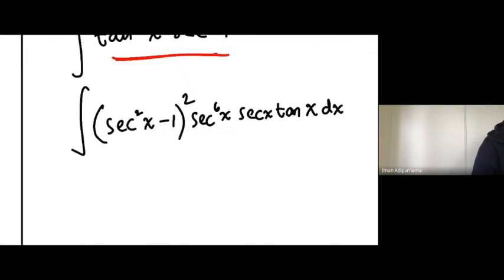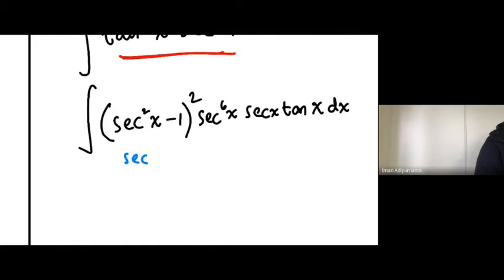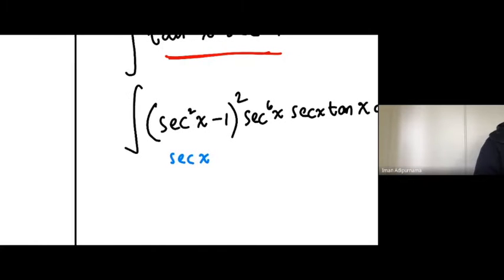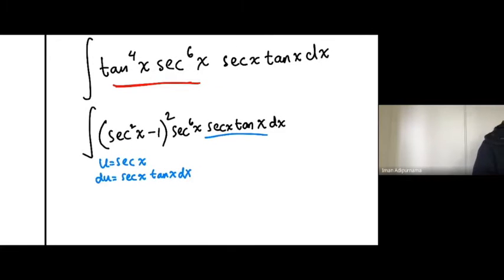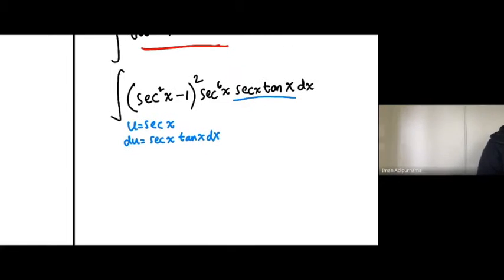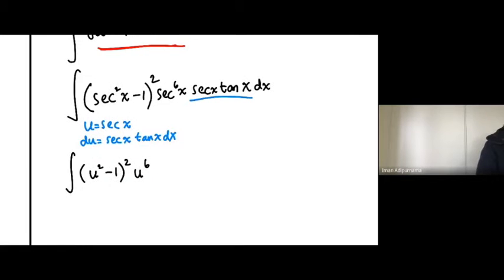So let u be secant x, and then du is secant x tangent x dx. So we can cancel the secant x tangent x. So we get the whole integration becoming u squared minus 1 and then squared and then u to the 6, okay? And then the rest is only du, okay?